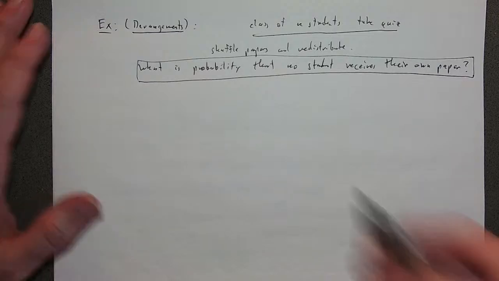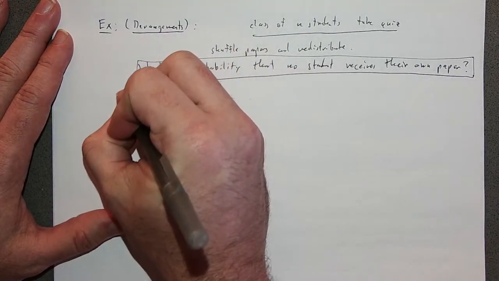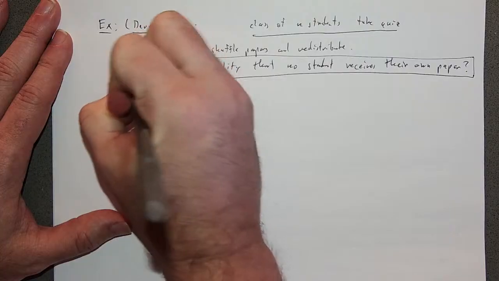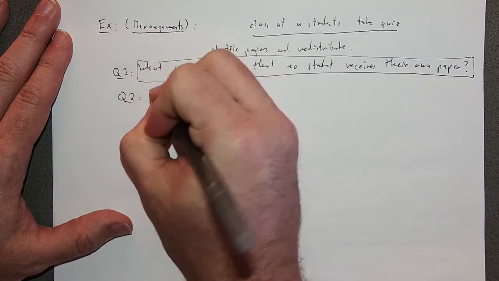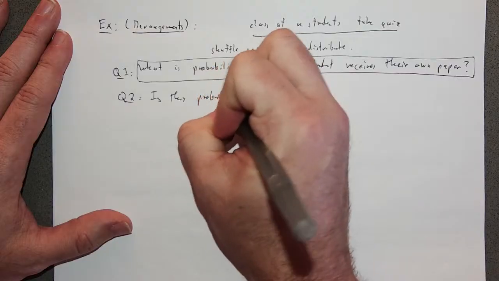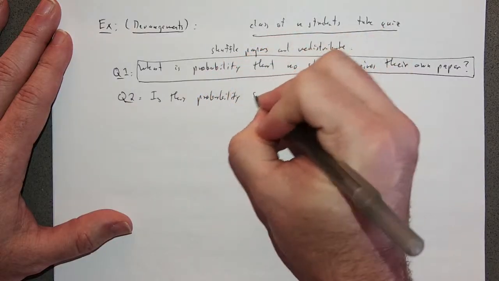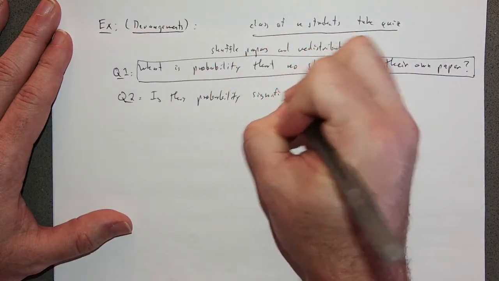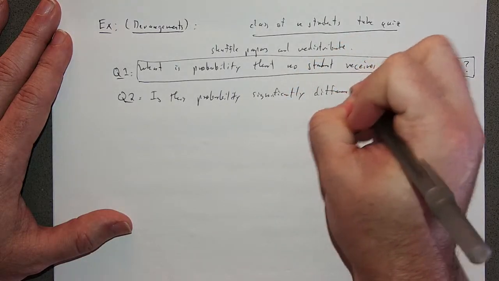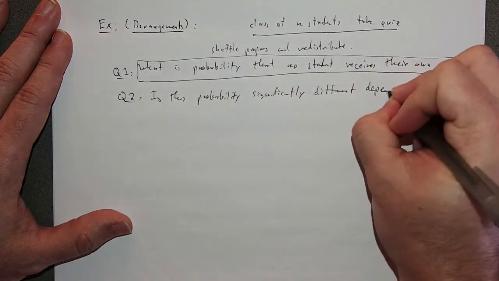So here's the second question. Maybe if you call this question 1, question 2 is: is this probability significantly different depending on class size?